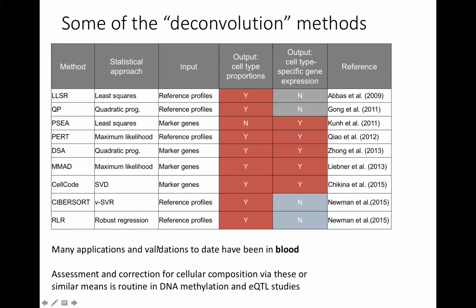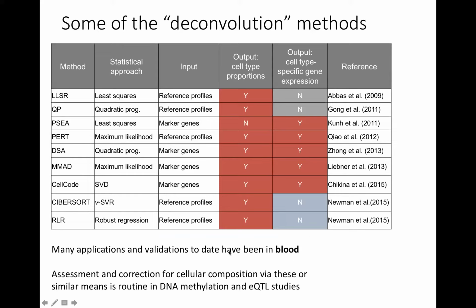Another thing to point out is that while these methods and some of their applications are well established, most of the applications tend to be in tissues like blood, which is a liquid tissue containing different cell types, and there are lots of existing methods for measuring cell type proportions. There's lots of isolating of cell types, and lots of markers already for blood cell types.